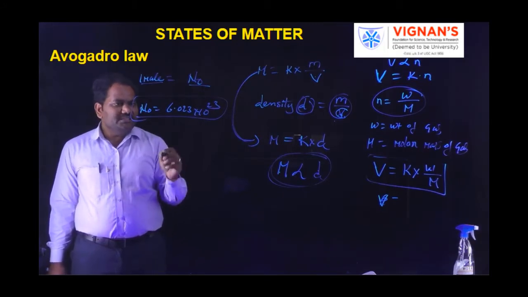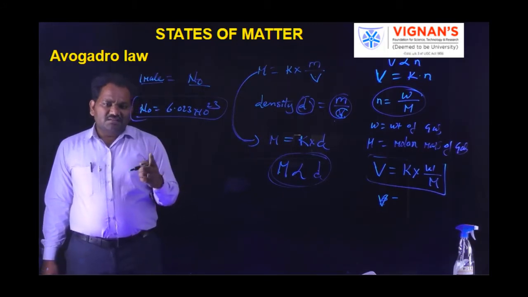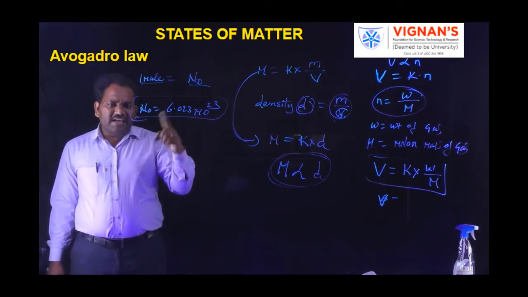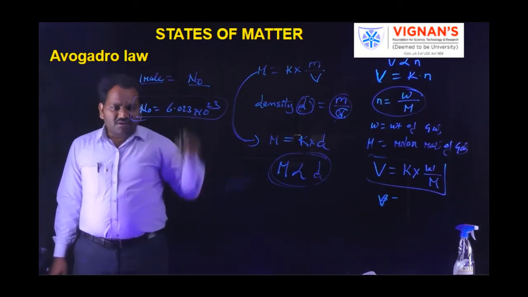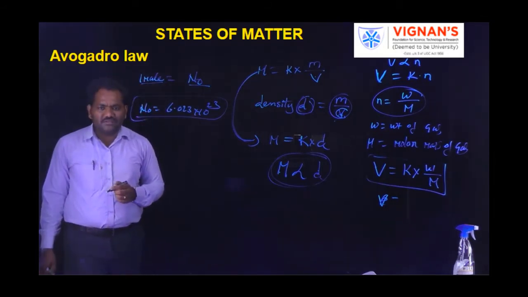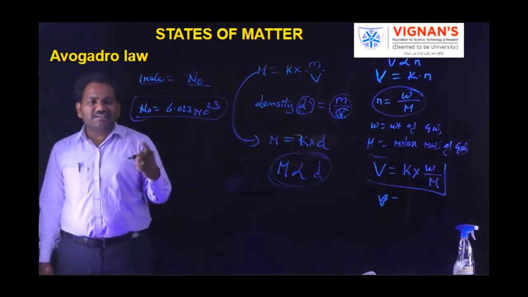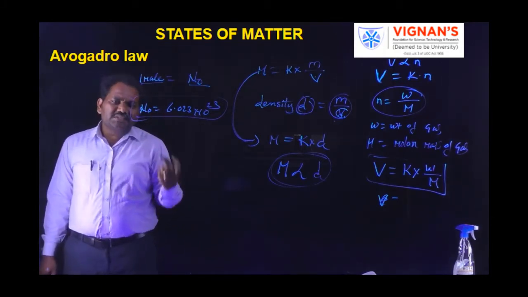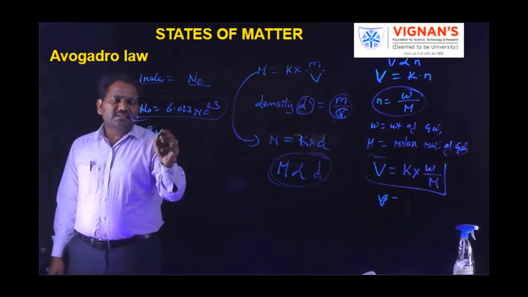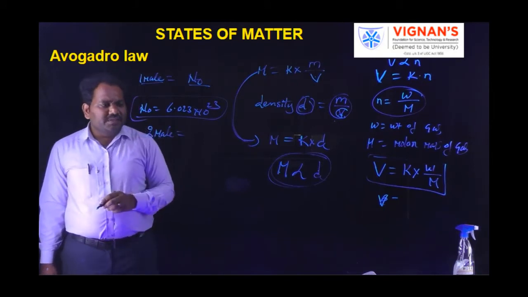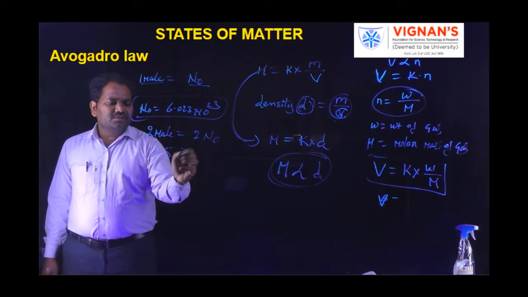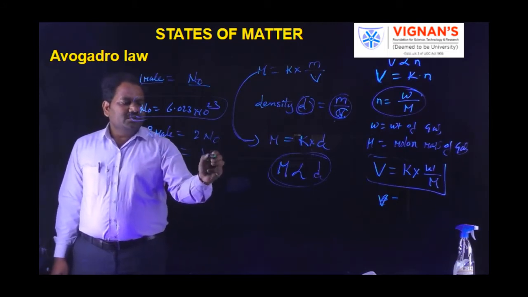It means 1 mole of gas has this number of gas particles. From this we can also calculate the number of particles present in variable moles. For example, 2 moles of gas means 2 N naught. 0.5 mole of gas means N naught by 2.